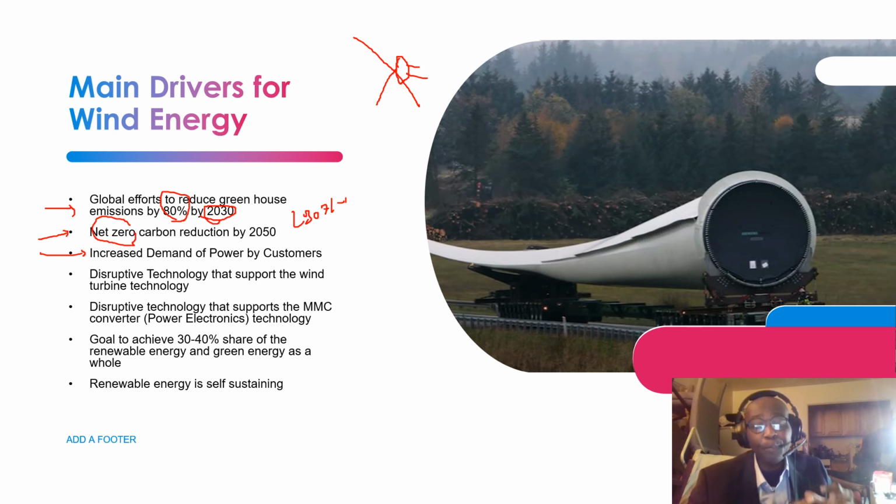As such, there's the push for renewable energy, because installing a wind power plant or solar PV has a shorter construction cycle compared to a traditional power plant. So, because of the increased demand of power, there's a push to install a lot of wind farms and solar PVs to provide that energy, and also to support the carbon reduction goals for 2030 and 2050.